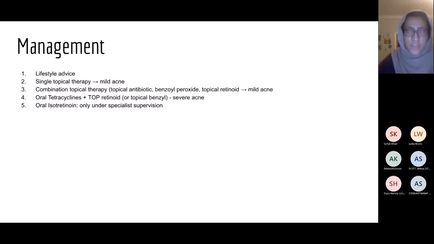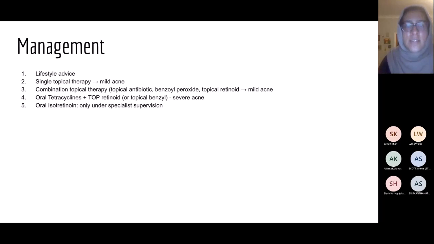So lifestyle advice, things like diet. I know people will say, from their own personal experience, oh, if I eat healthy, my skin looks great. But in the literature, things like cutting down on chocolate are not really backed up by the evidence that we have, although they might be backed up by your own personal experiences.